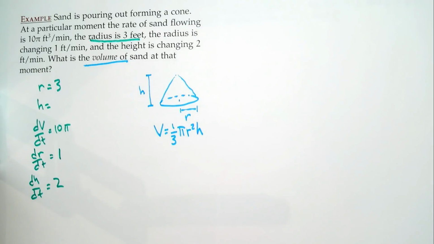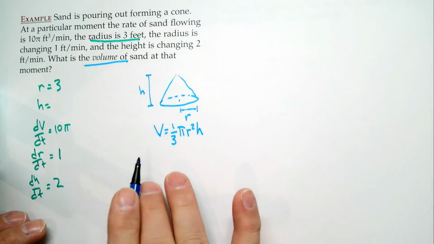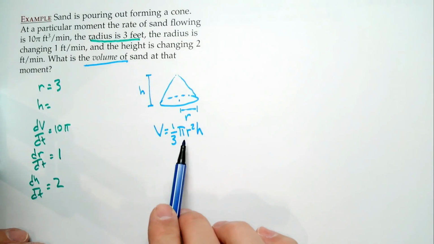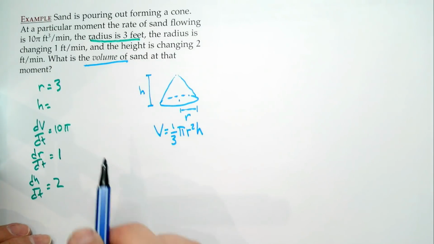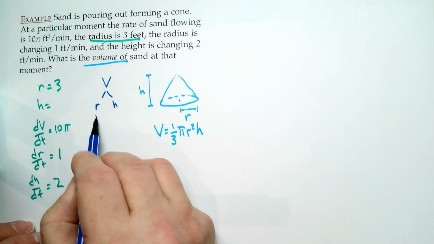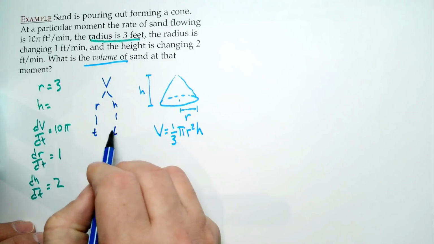So how do we get this all together? Well, what we have is volume is dependent on r and h, because we can see it in the formula right there. There's an r and there's an h. So volume depends on r and h, and r and h both depend on t.